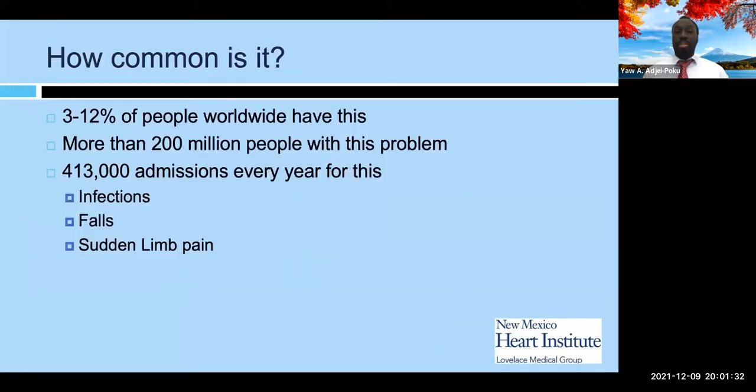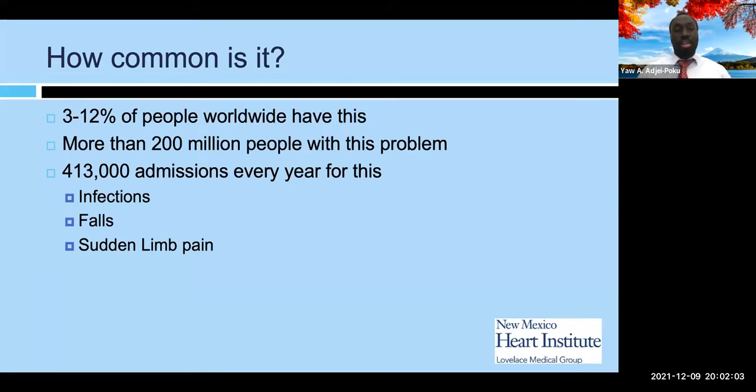Now, how common is this disease? About 10% of people worldwide have this problem, which is oftentimes more than 200 million people. There's about 413 admissions every year into the hospital here in the United States for this problem. And that's typically for infections that are difficult to manage, falls that patients can have because of pain, sudden pain in their limbs.